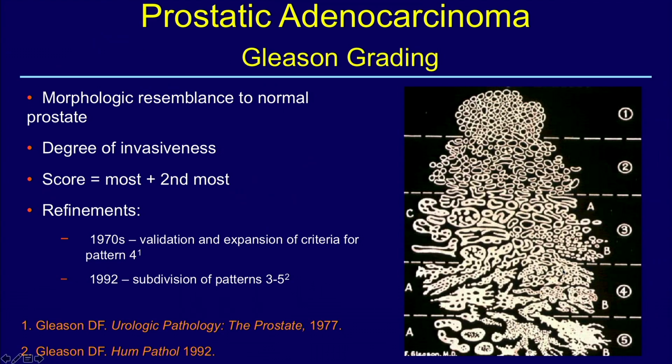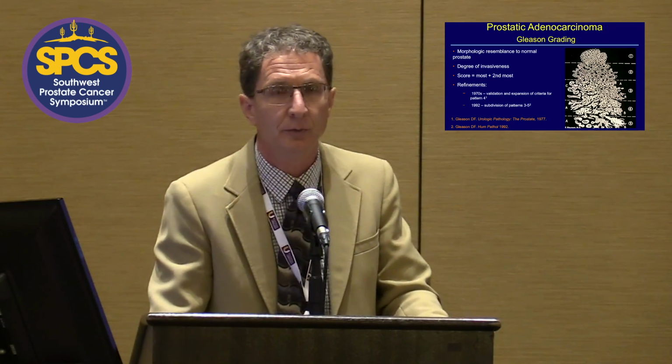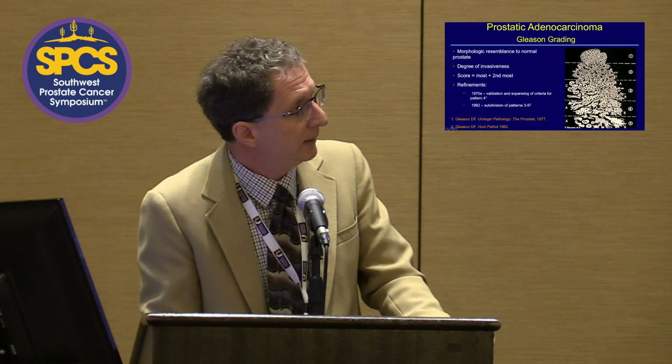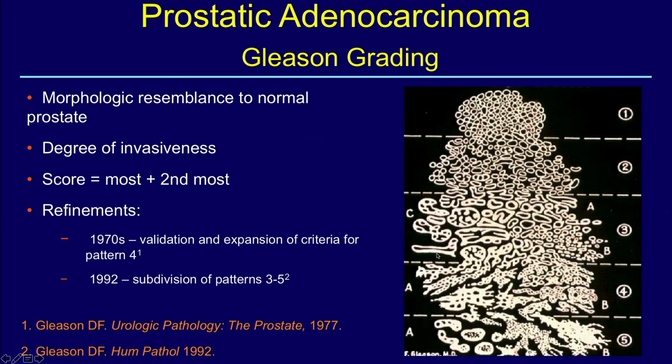Now Gleason himself made the first changes to his own grading system. After validating it in literally thousands of individuals afterwards, he did his own expansions, creating the pattern system that you see here. However, I want to note a few things that still bothered Don Gleason when he did this.